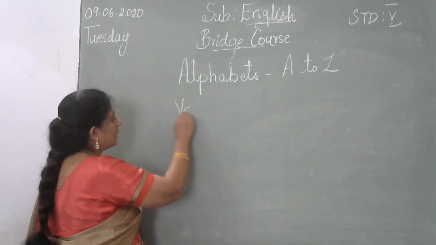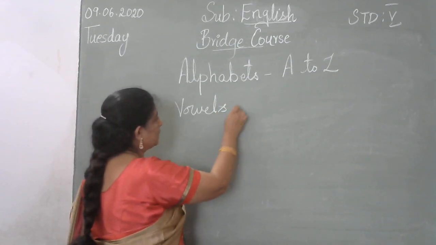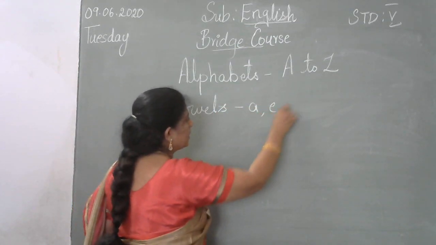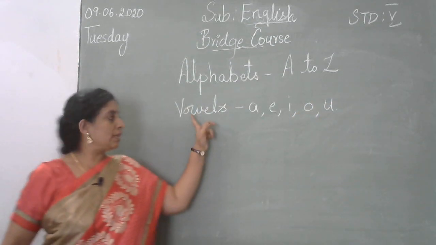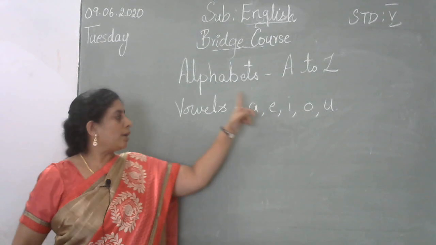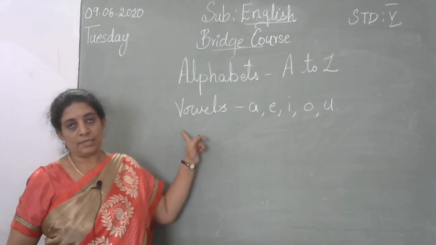One we call as the vowels. Vowels means A, E, I, O, U. These are called the vowels, and all the rest of the alphabets come under consonants.